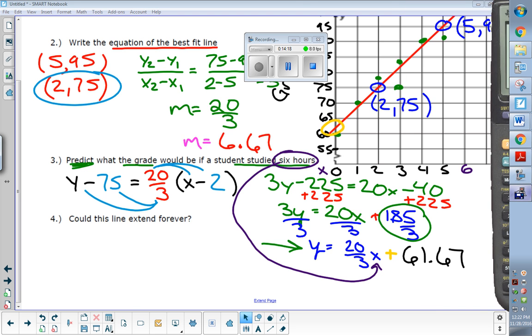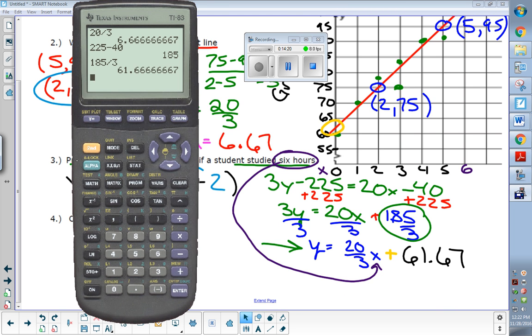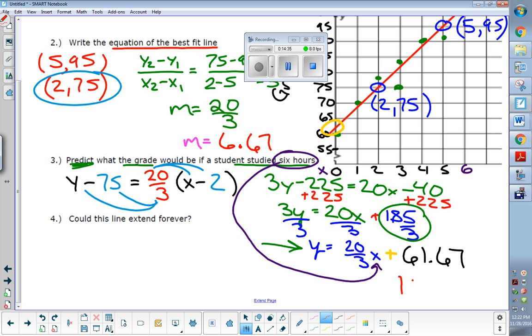So in my calculator, I'm going to take y equals 20 over 3. I'm going to plug in 6, so times 6, and then I'm going to add 61.67 on the end. Add them in, hit enter. I get 101.67. And again, this is a percent.